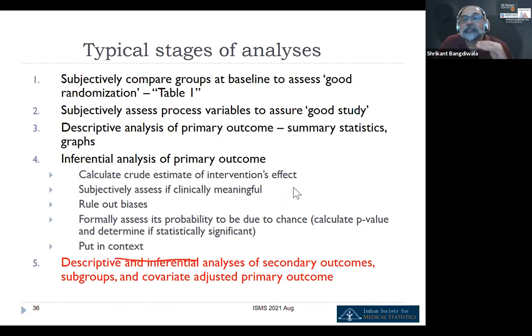What are these analyses for? These analyses are usually for two reasons. One is generating hypotheses, and the other one is looking at consistency of the result of the primary outcome. So it is consistency that you're looking at. It is not necessarily testing new things, right?